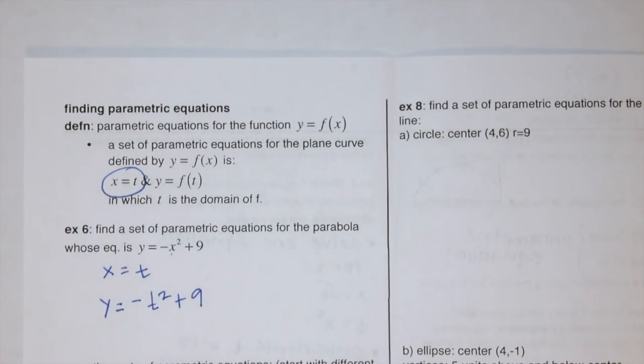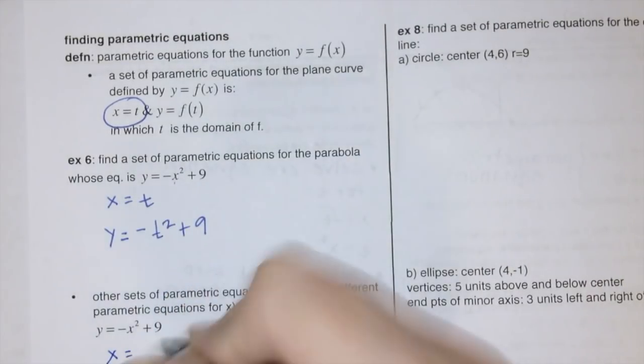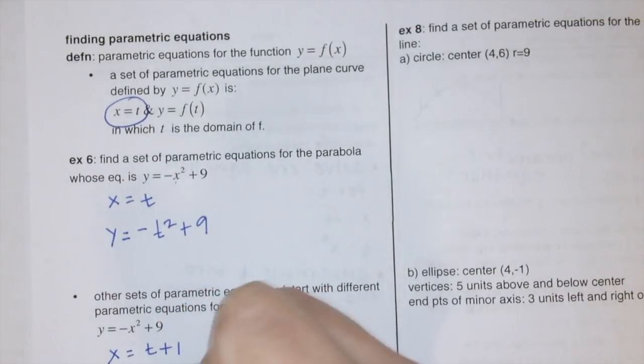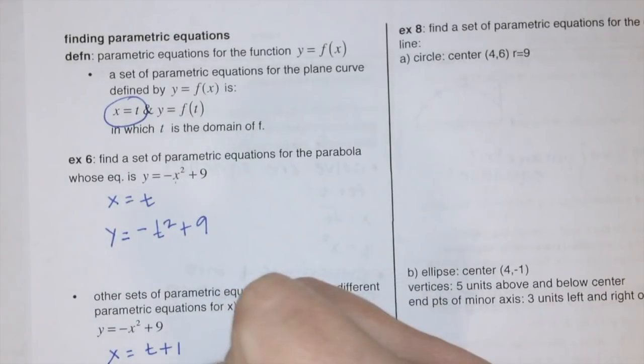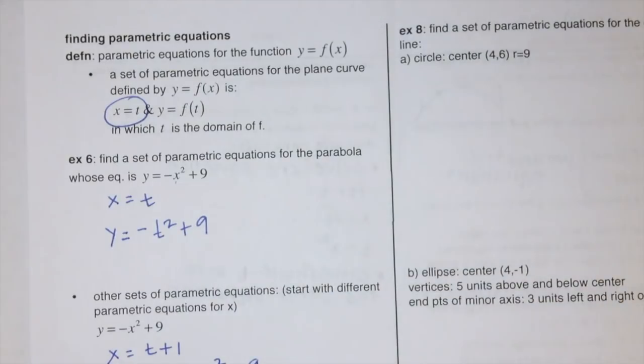Maybe you're going to try and get fancy. I don't know. It's up to you. But maybe you're like, you know what? I'm going to let x equal t plus 1. Does that work? Yes, it does. We would get y equals negative, and you're going to want to put this one in parentheses, plus 9.